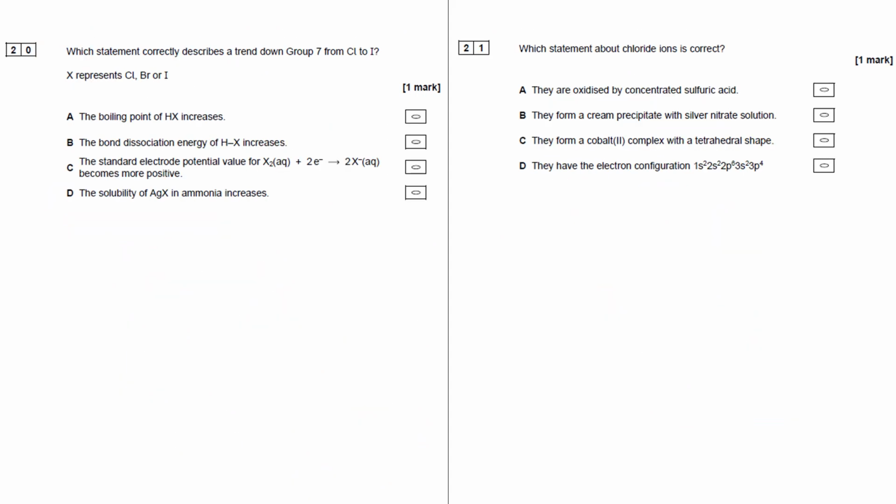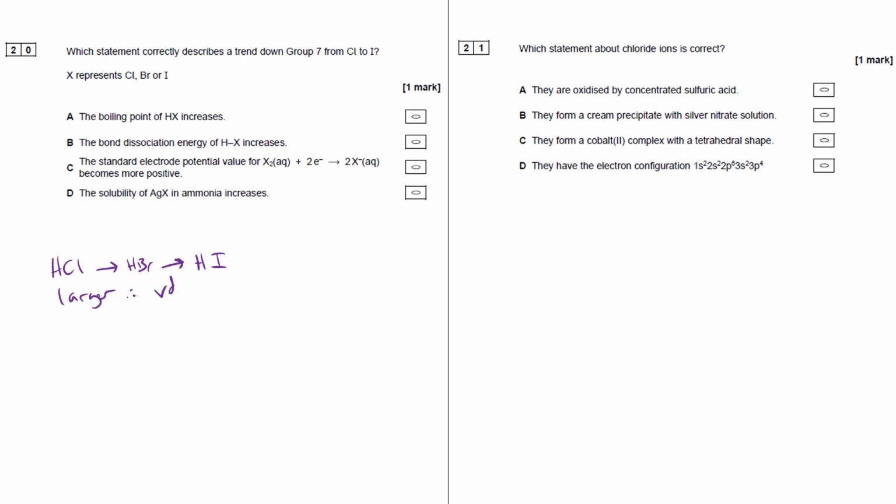Question number 20. Which statement correctly describes a trend down group 7 from chlorine to iodine? So what happens to the boiling point of HX as you go from HCl to HBr to HI? These are all polar molecules, so they've all got a permanent dipole-dipole, but the molecules are getting larger.